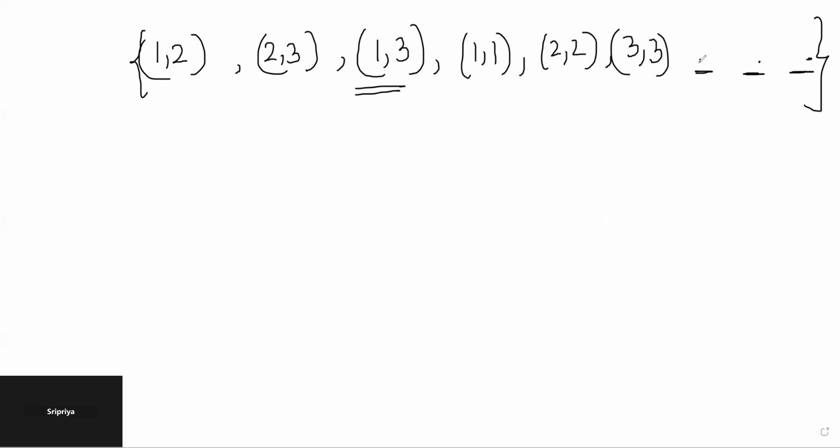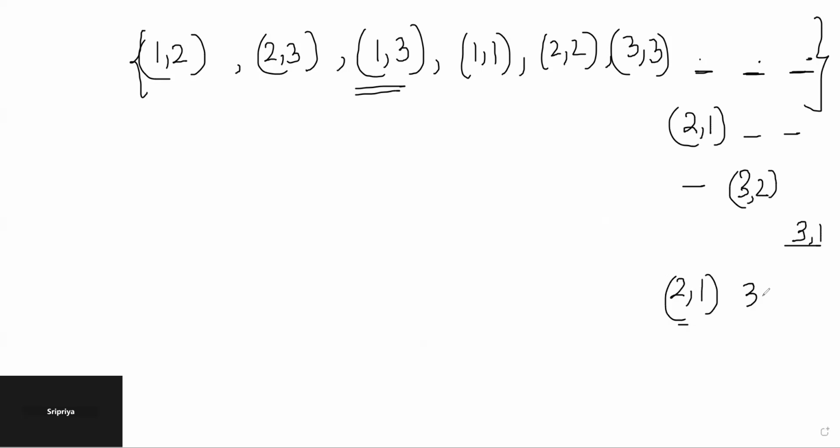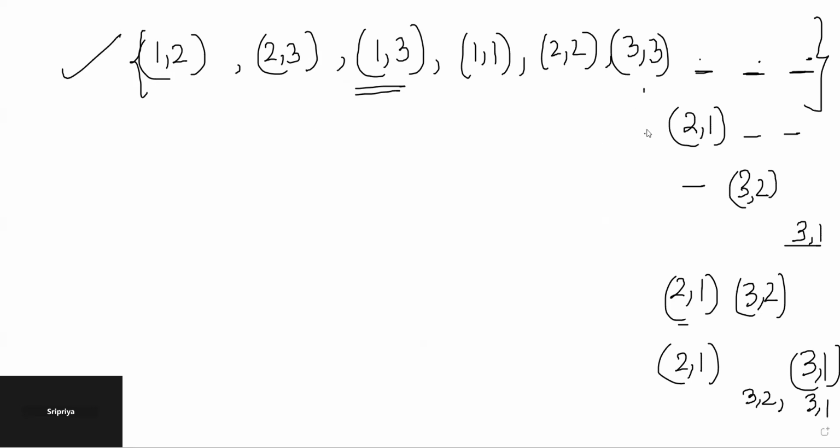One option is you can put 2 comma 1. One option could be 3 comma 2. One option could be 3 comma 1. Then you can put two of them. The only thing you can't do is put all 3. So if you count, 1, 2, 3, 4, 5, 6, 7 different relations will be there.